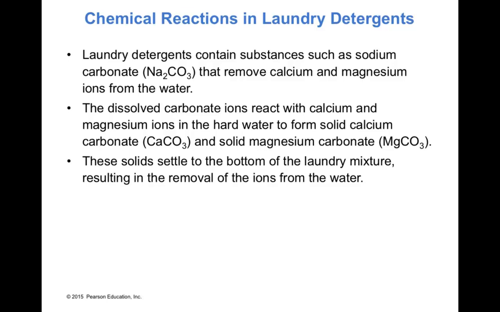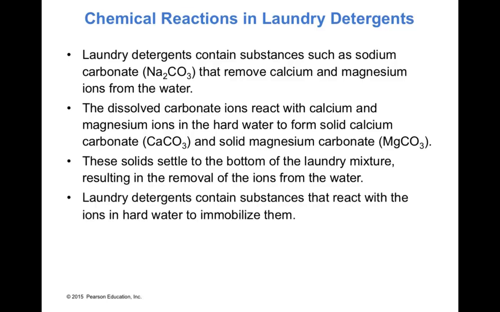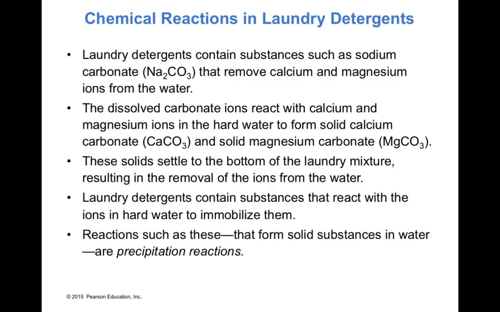Now the water will be able to wash the clothes better with the detergent. Laundry detergents contain substances that react with the ions in hard water to immobilize them. Reactions such as these that form solid substances in water are precipitation reactions.